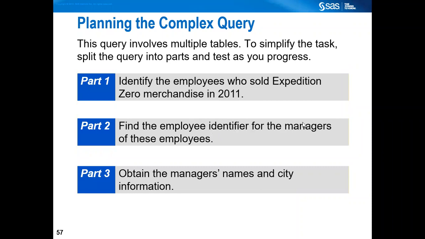Then you'll find the manager for whom this employee is reporting. And of course, you'll get the manager's information. Once you get the manager ID from your address table, that manager also has an employee ID. For that employee ID, you get his name and his city information. So this is where you'll be writing the three steps for your upcoming business scenario. Are you getting it now?